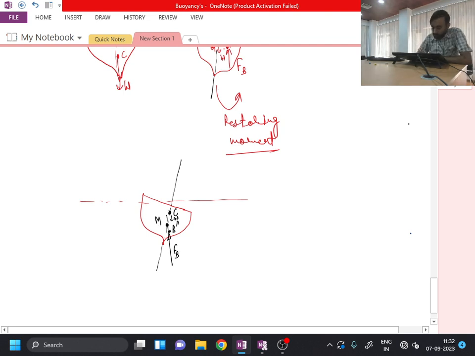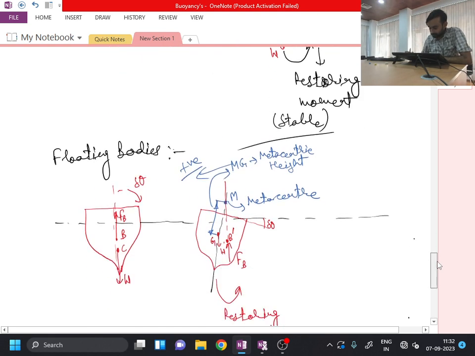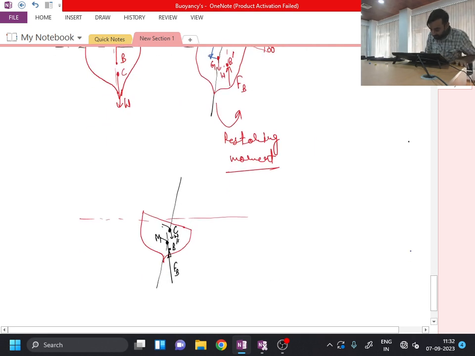Okay. Now, I have written the center of gravity as G in the previous case, so let me write it as G. So this distance from M to G now will become negative. So when my MG is negative, if I enlarge this portion, then my situation is something like this.